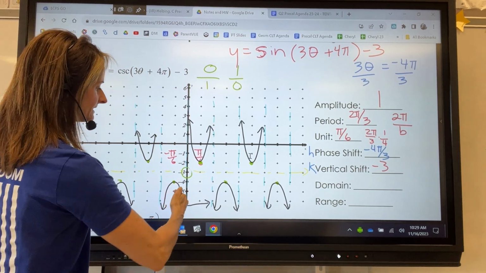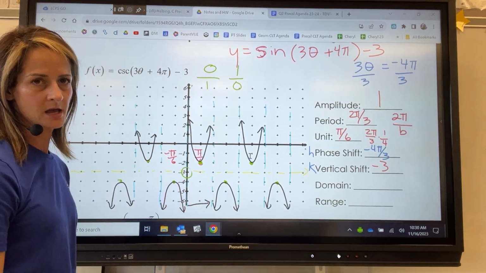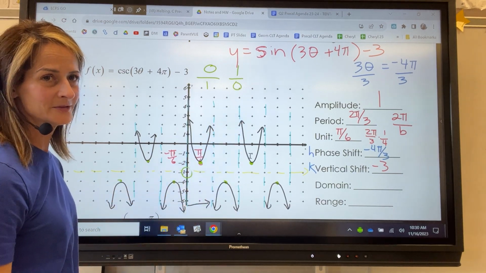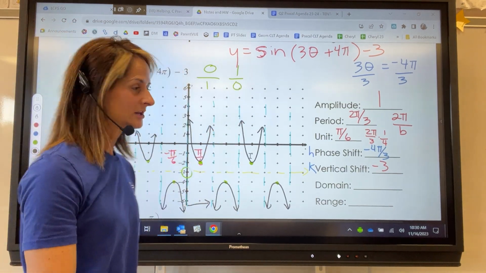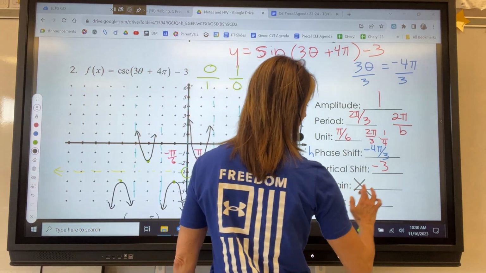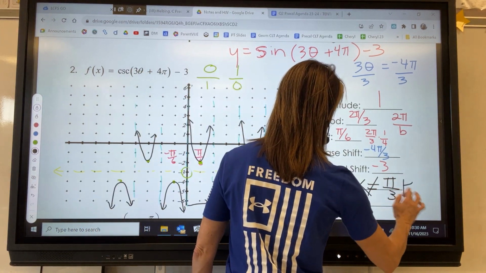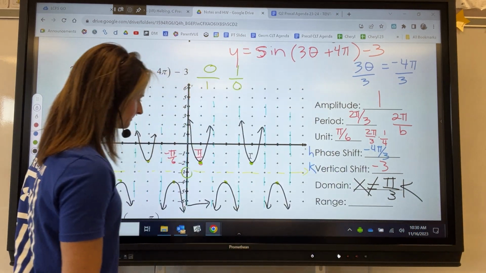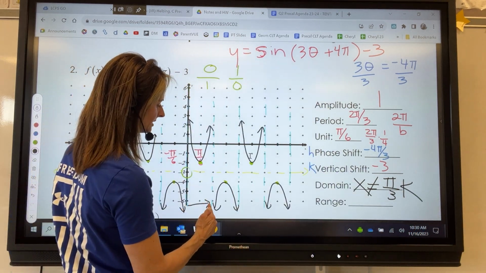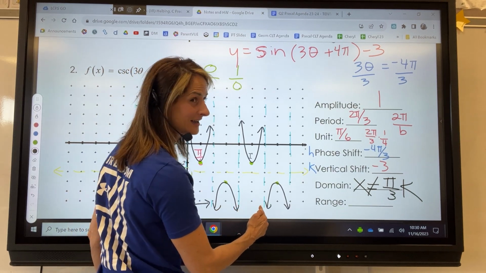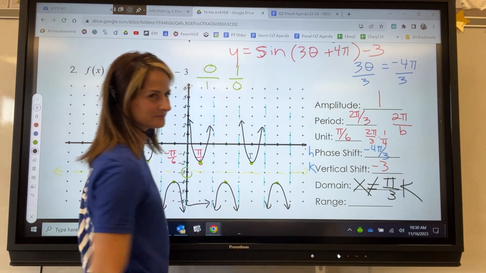I can just say it's half the period times k. In this case, the period is 2 pi over 3, so half the period is pi over 3. So we can just say x cannot be equal to pi over 3 k. Because every pi over 3 we have an asymptote. And then we add another pi over 3, and we have an asymptote. And then we have another pi over 3, and we have an asymptote, and so on.